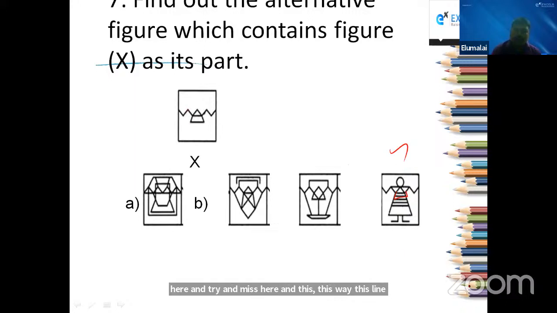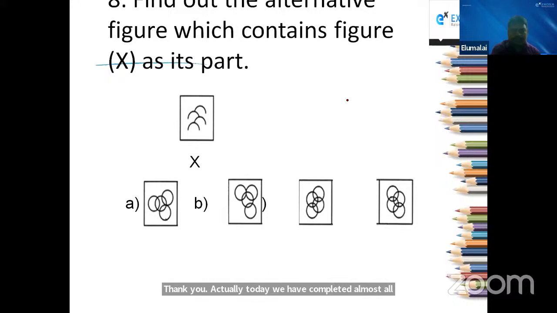So option D is the correct answer here. Very good. I hope you could have understood all these things. Actually, today we have completed almost all the questions. Here, by seeing itself, you could have answered this question.